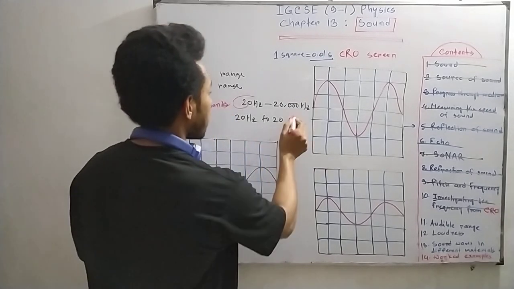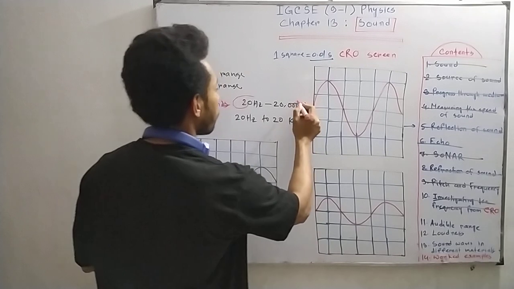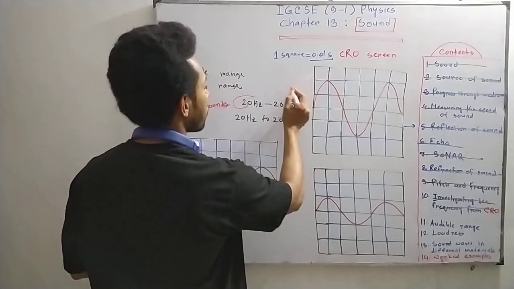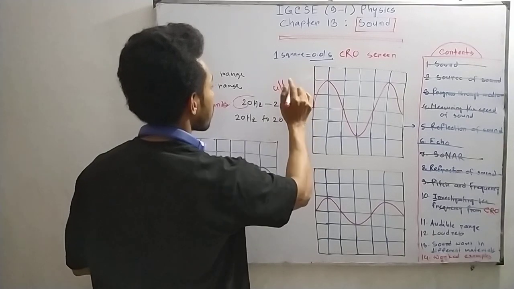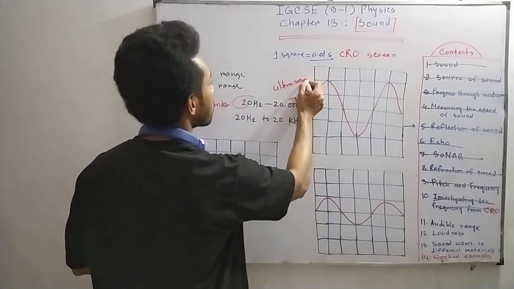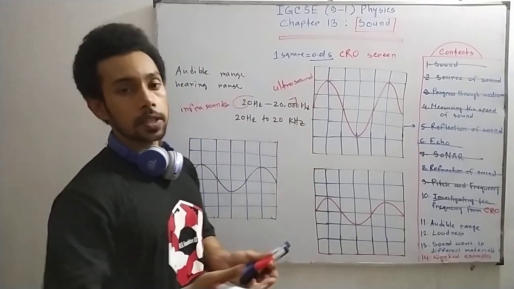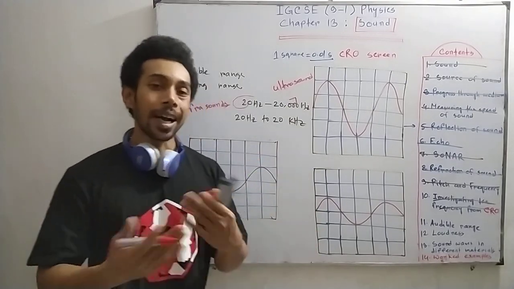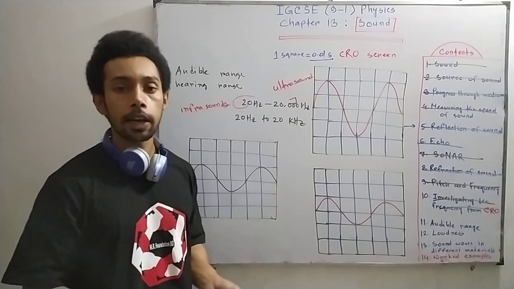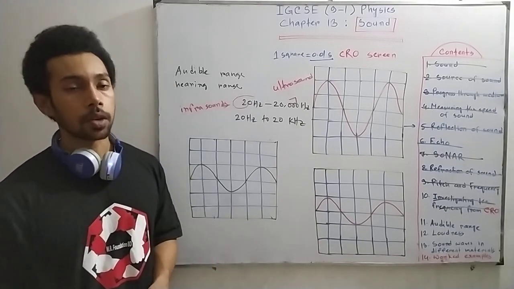Sound waves that have frequency above 20,000 hertz or 20 kilohertz are called ultrasounds.